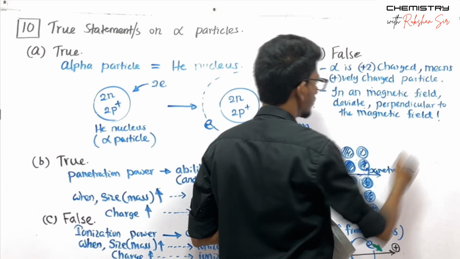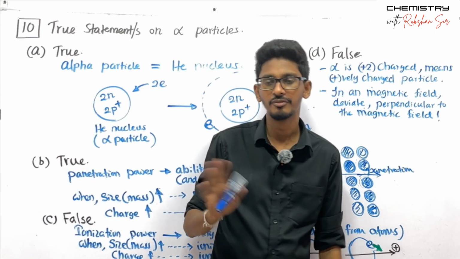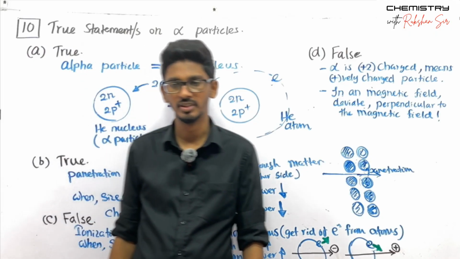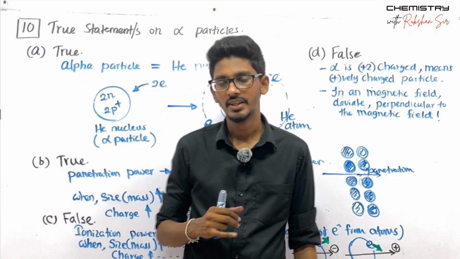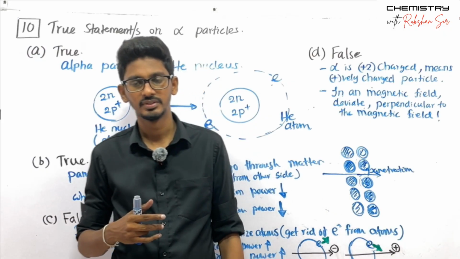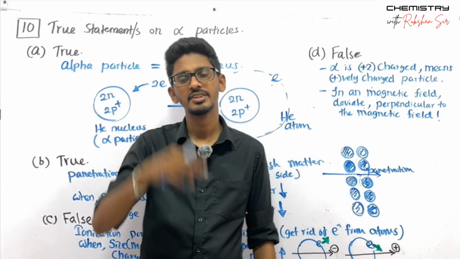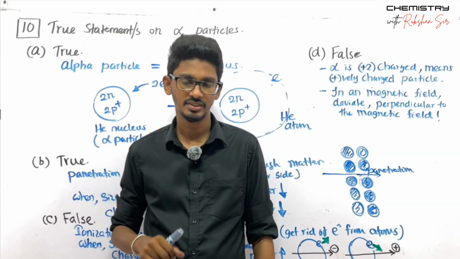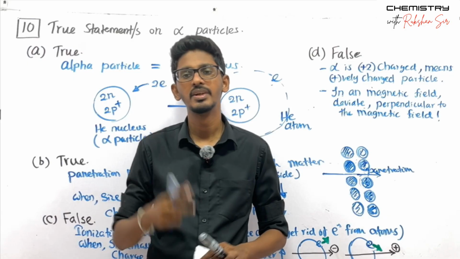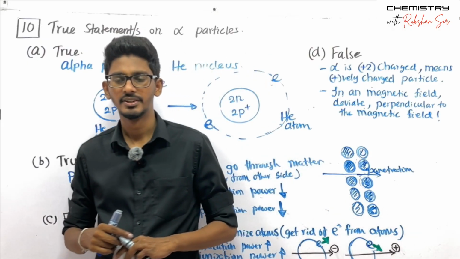Charged particles won't be attracted towards any of the poles of your magnetic field. They will just deviate perpendicular to the magnetic field. That is what we learned with the cathode ray experiments as well as positive ray experiments. Charged particles will deviate towards the oppositely charged terminal of electric fields. But when it comes to magnetic fields, they will deviate perpendicular to the magnetic field. The idea is clear, right?